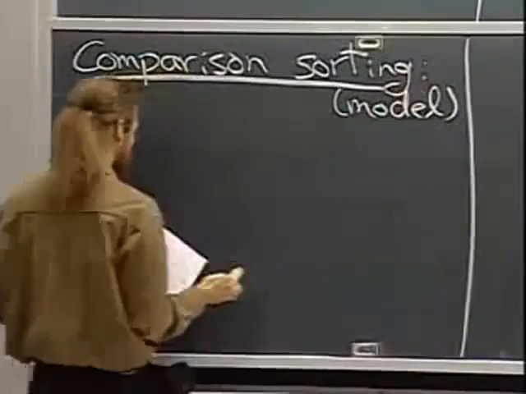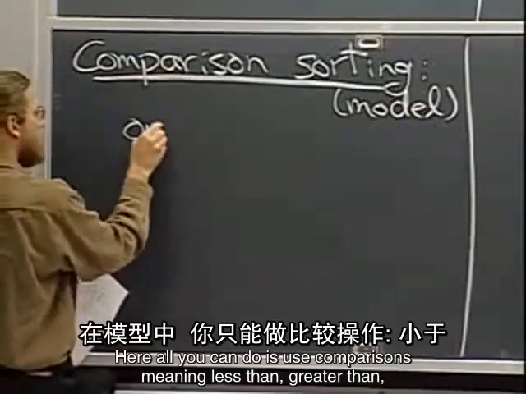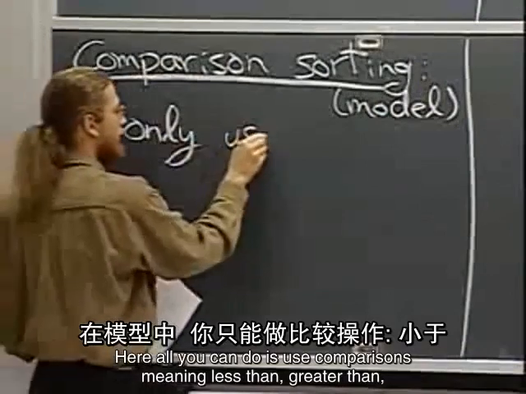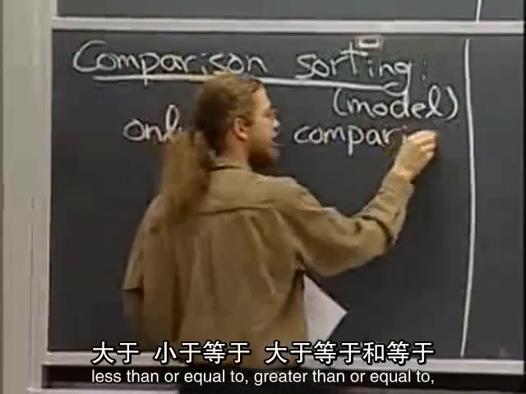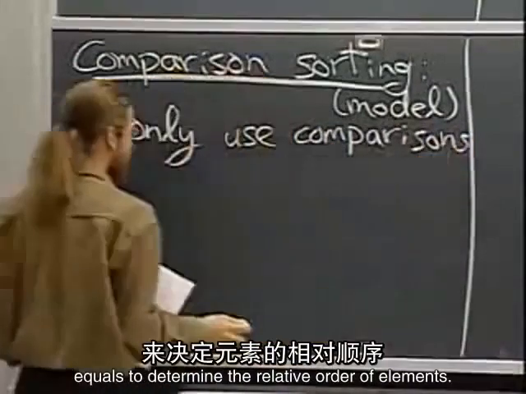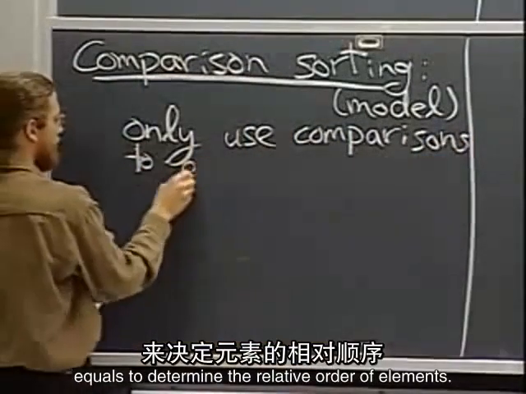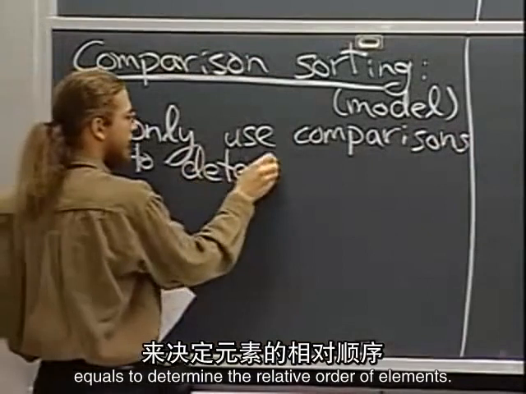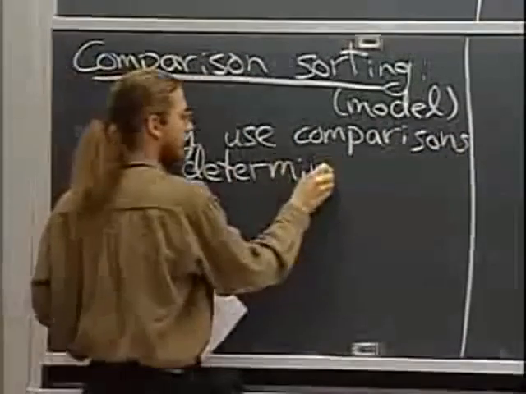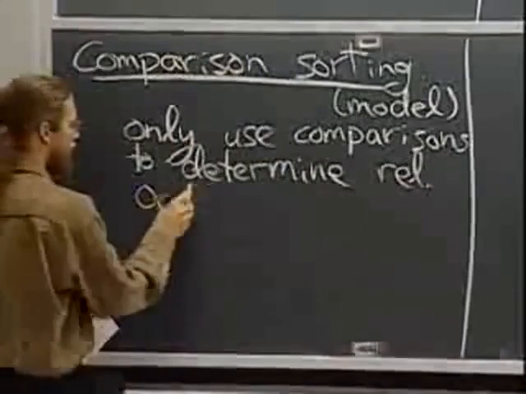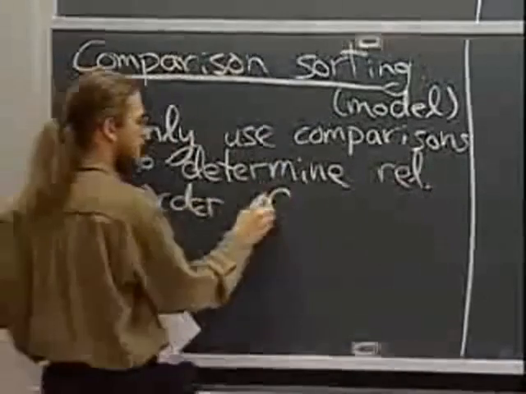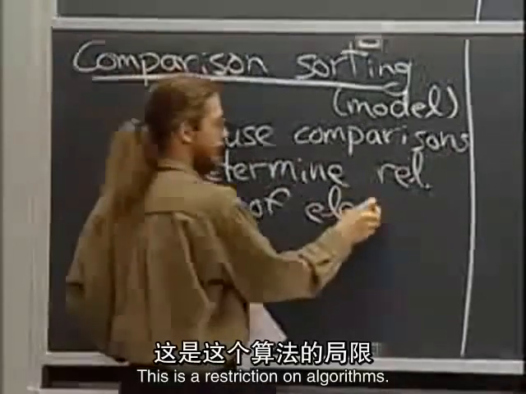And this is a model for the sorting problem, what you're allowed to do. So here all you can do is use comparisons, meaning less than, greater than, less than or equal to, greater than or equal to, equals, to determine the relative order of elements. This is a restriction on algorithms.